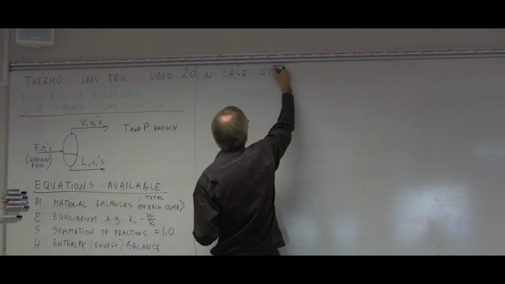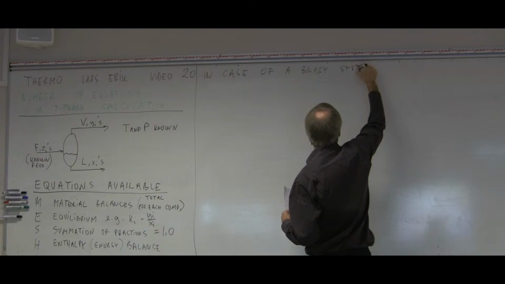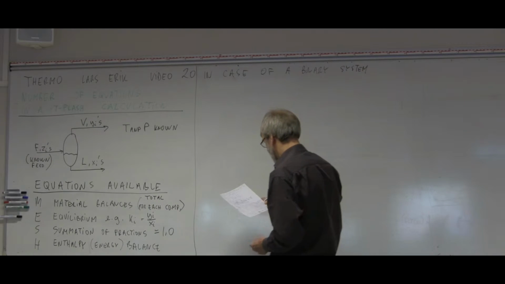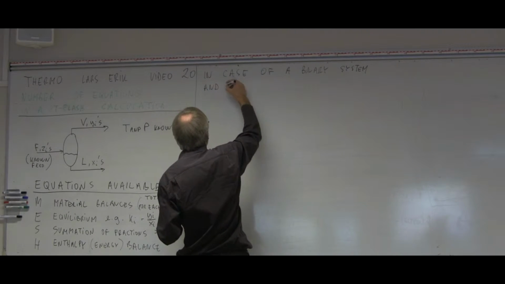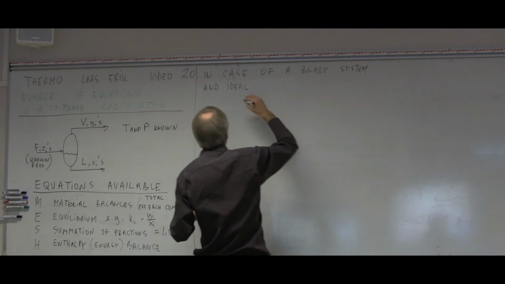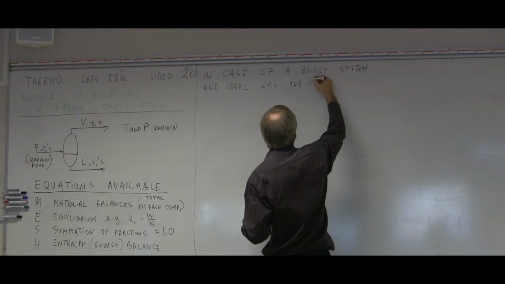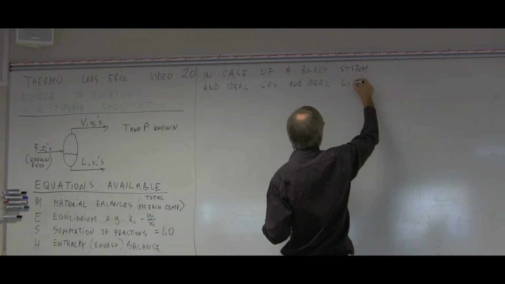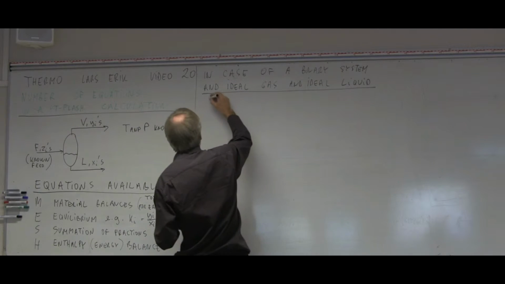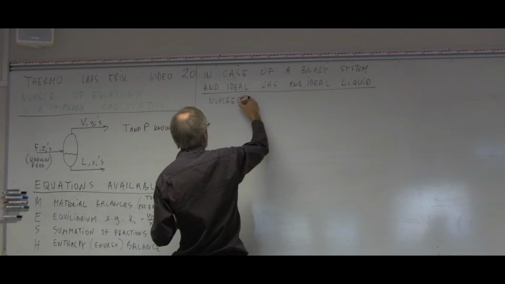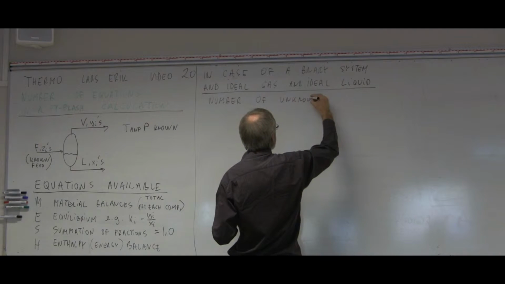In case of a binary system, an ideal gas and ideal liquid, we start with the number of unknowns.